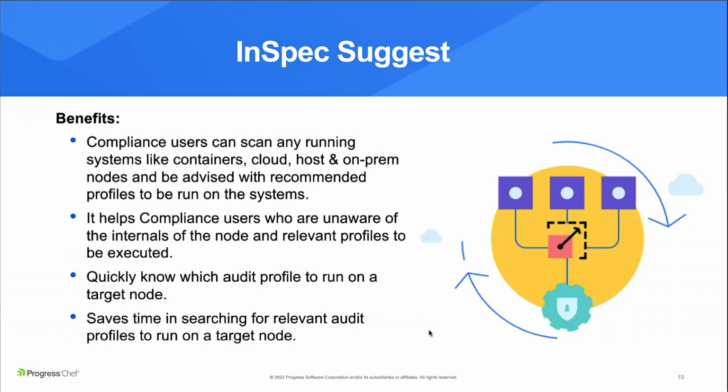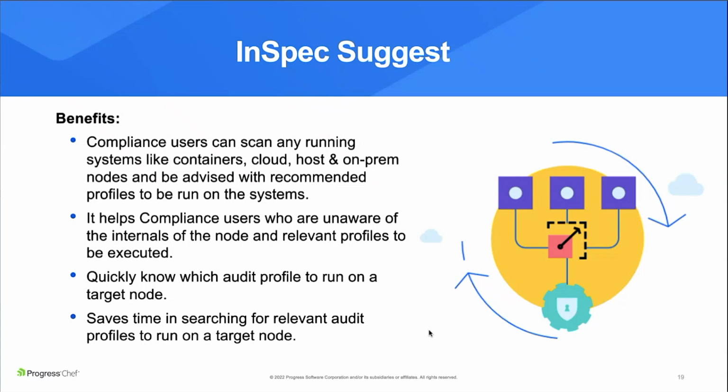For example, if you have a target node with the CentOS operating system and MongoDB, when the user runs inspec suggest on the target node, it will suggest available benchmarks from Chef, like CIS or STIG benchmarks, with respect to CentOS and MongoDB. With this feature, users don't need to look at Automate or the Supermarket content to check whether a particular profile is available or not.